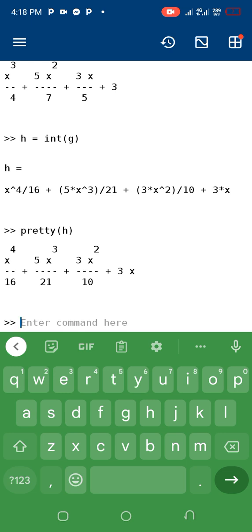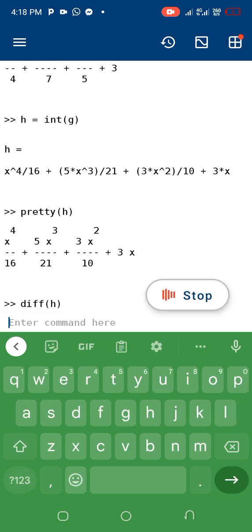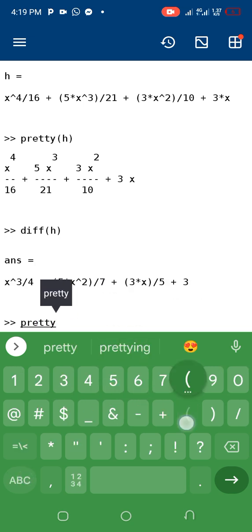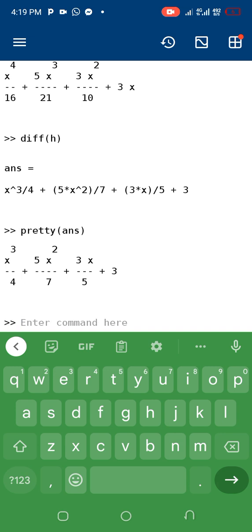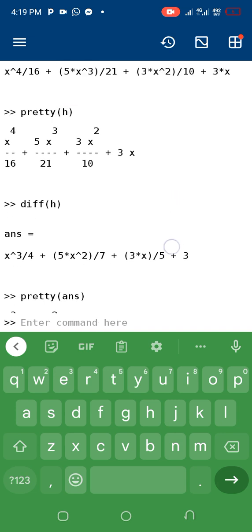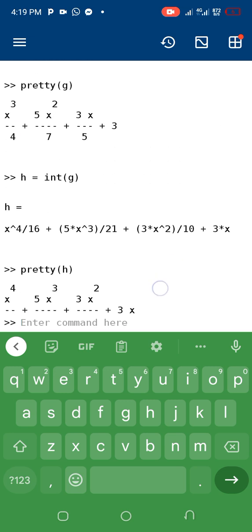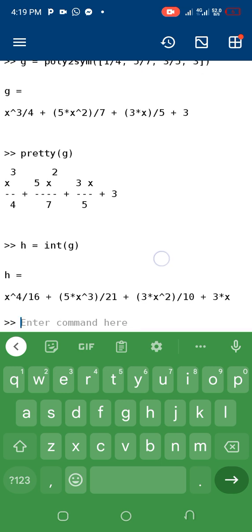Now if I want to show that the derivative of this function is the other one, I will say now diff of h. What do I get? Then I say pretty of answer. So I'll have x cubed out of 4, which is now our function g.